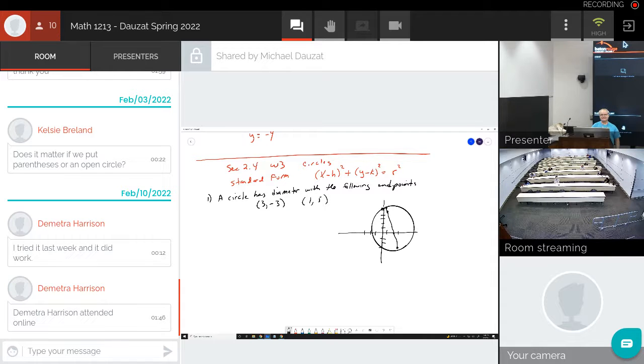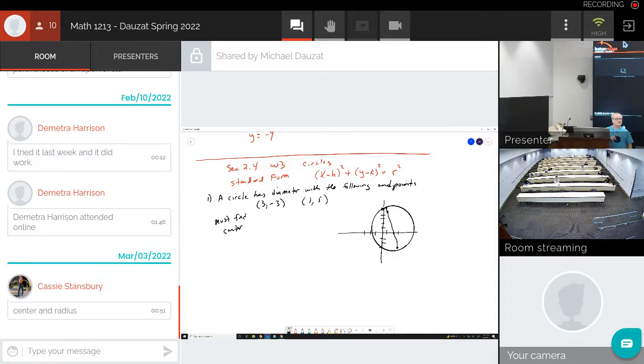All right? So you want to find the equation of a circle. If you're going to find the equation of the circle, you need to know 2 things. What 2 things must you know? You had this in the worksheet that was due last week. The center, you must find the center. And what else must you know?